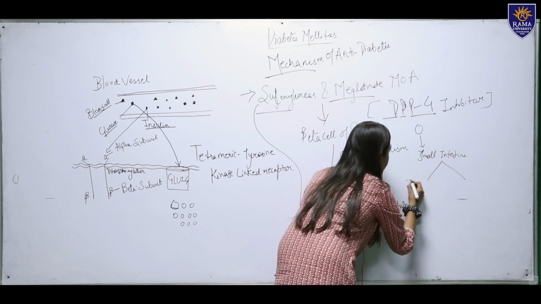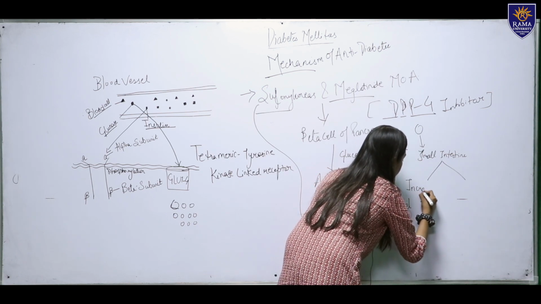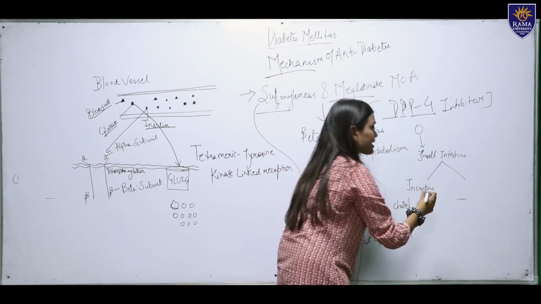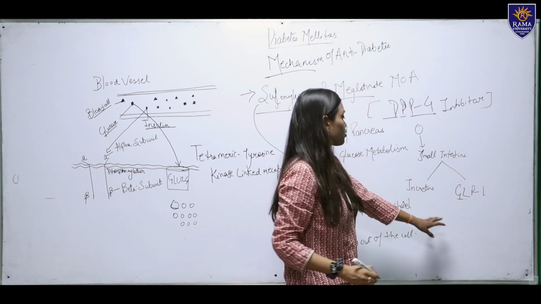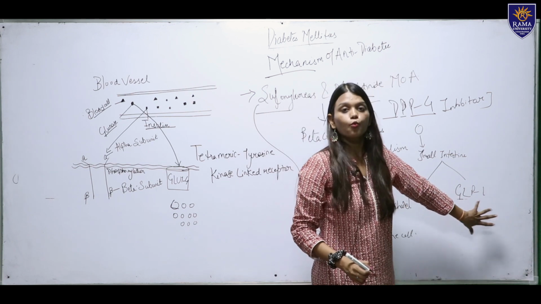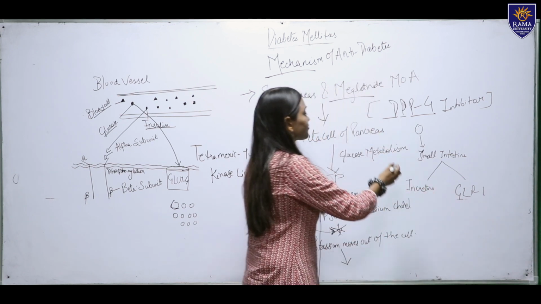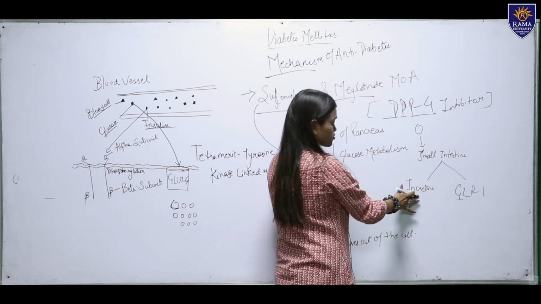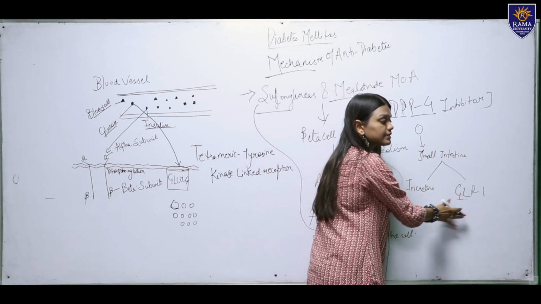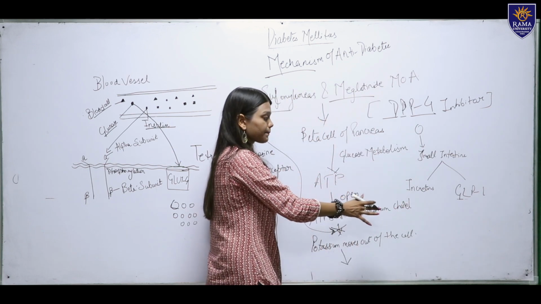First is incretins, and next one is GLP-1. What is GLP-1? Glucagon-like peptide 1.